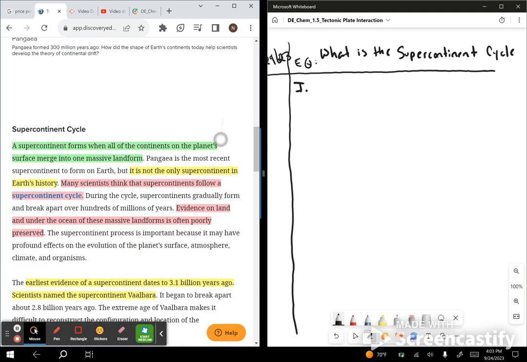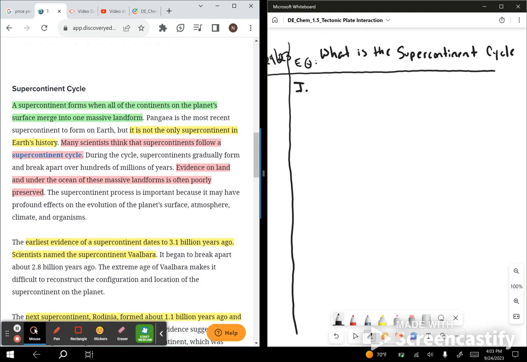All right, so let's go here. Roman numeral 1, supercontinent cycle. In green, the main idea here: a supercontinent forms when all the continents on the planet's surface merge into one massive landform. You should know that.